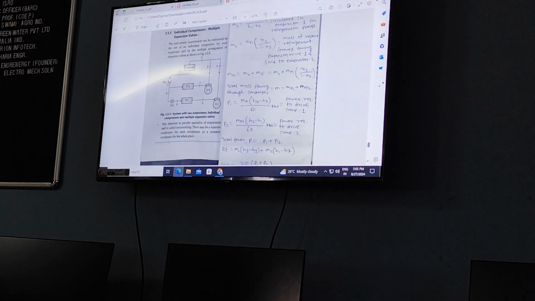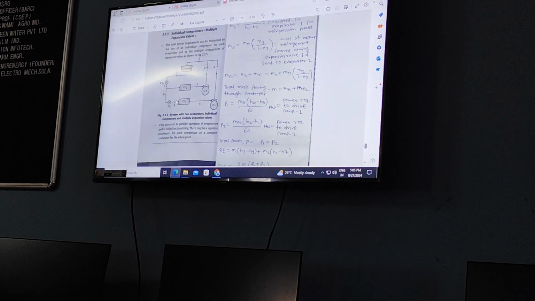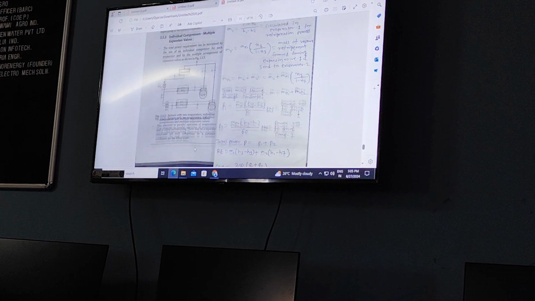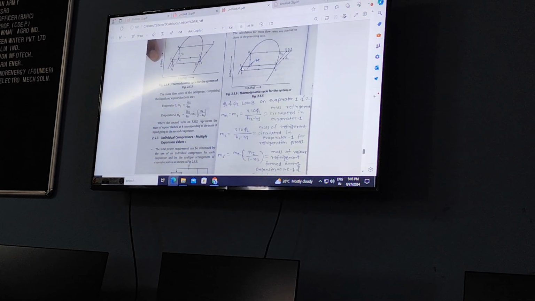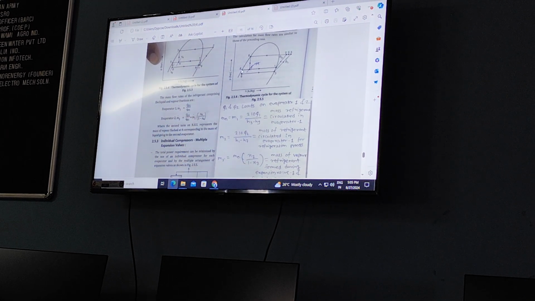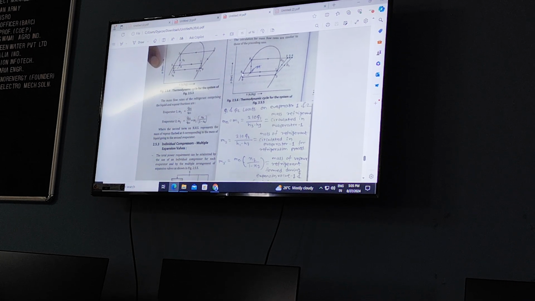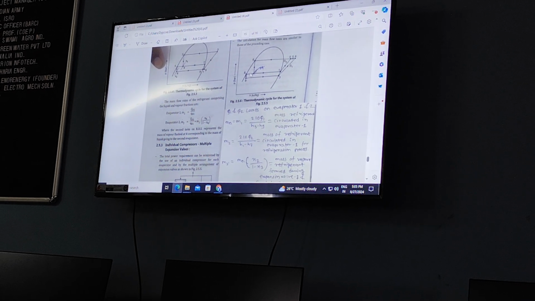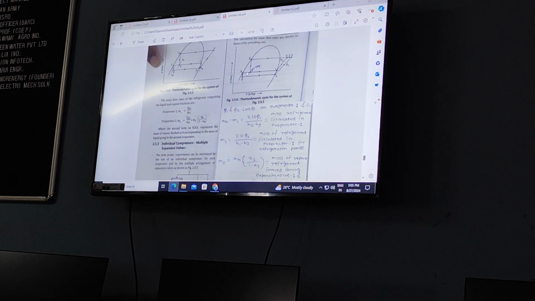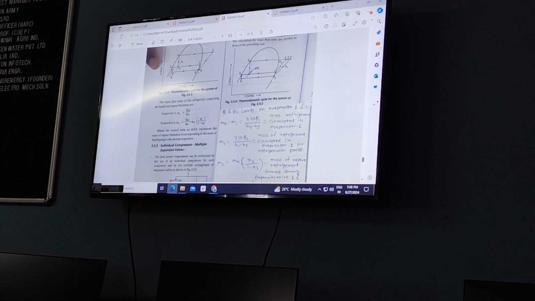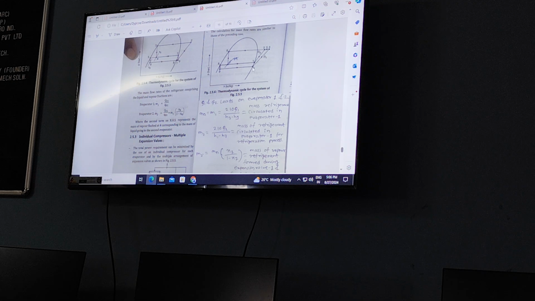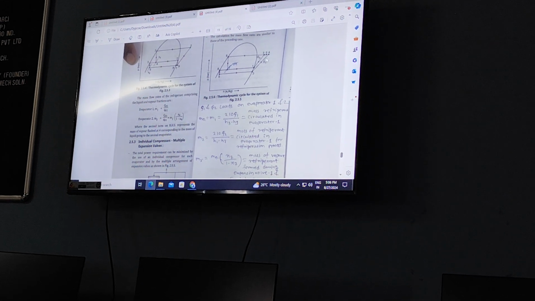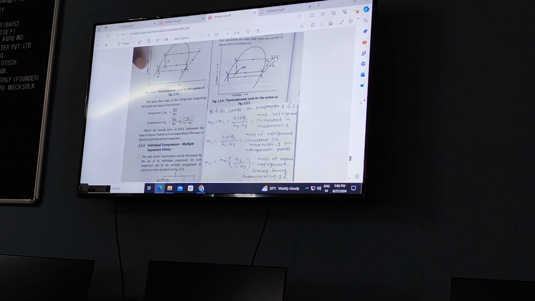And multiple expansion. Look at the position of the expansion valve. Wherever there is multiple expansion, for the second expansion, inlet is always liquid. That's why this 7 to 8, right? Pay attention here. Look at the individual compressor. 3 to 4 individually compressed. 1 to 2 individually compressed.